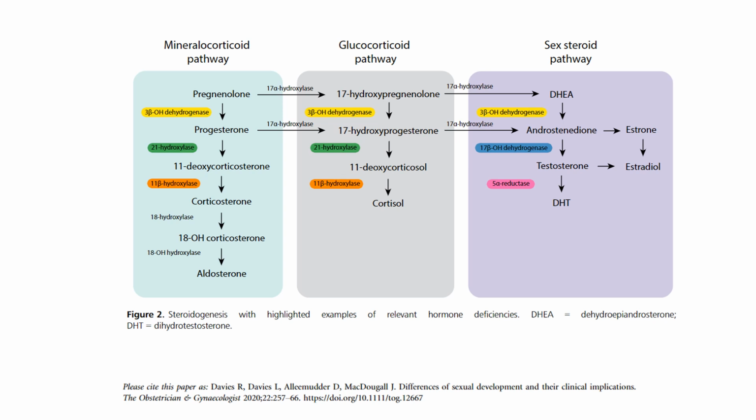Similarly, you can see pregnenolone can be converted to 17-hydroxypregnenolone by 17-alpha hydroxylase, which is then further converted to DHEA, dehydroepiandrosterone, which is then further converted to androstenedione and then testosterone.